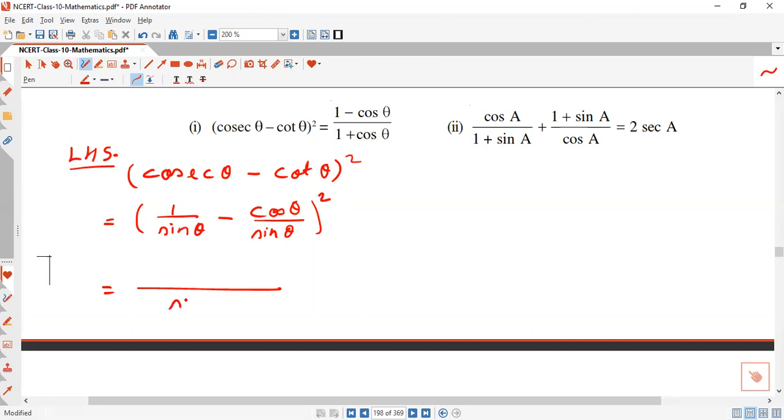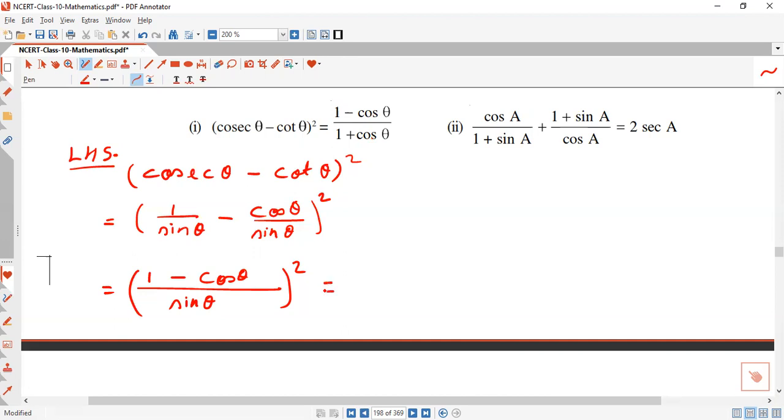We are getting 1 minus cos theta whole square. Now we see that the top is 1 minus cos theta whole square, and at the bottom we have sine square theta.